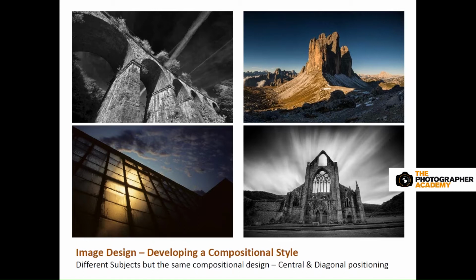The 2 on the right-hand side, one's the Dolomites, one's taken at Tintern Abbey. Guess which one's which. Compositionally, apart from the lines in the sky, virtually the same. In terms of the form of the image, virtually identical. So yet a couple of other examples of how you can pull similar images together.